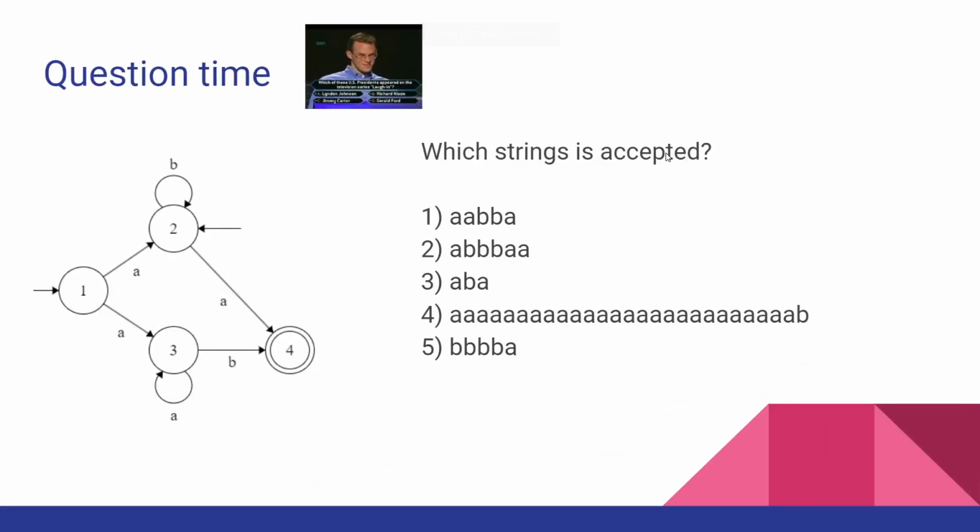Okay, another question. I think this is the exact same automata, but I've just introduced a second start state now. And I think all of these strings are the same as well. So now which ones are accepted?